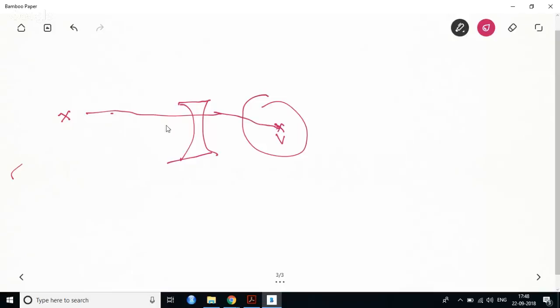Due to this concave lens, something which is coming from infinity, the image will get formed over here like this. This is the new position of the image. The object is present here, but this concave lens will make an image here.